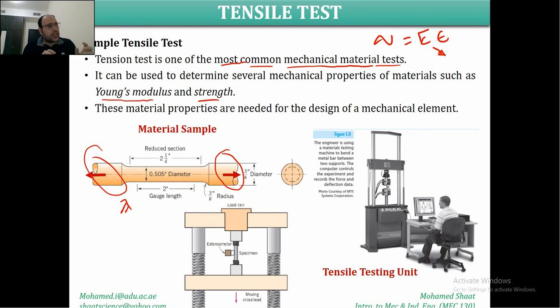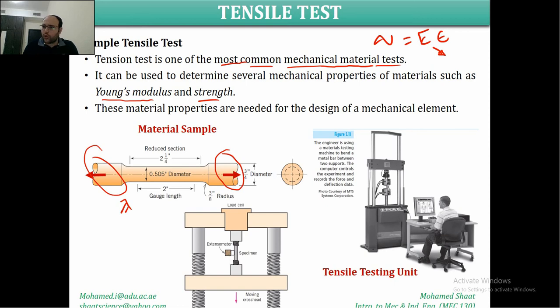These sensors are going to detect the stretch in the material because of the applied force. So there is one sensor that is used for detecting how much force this machine is applying over the sample. And there is another sensor, which is known as the extensometer. This extensometer measures the extension in the sample upon increasing the force.